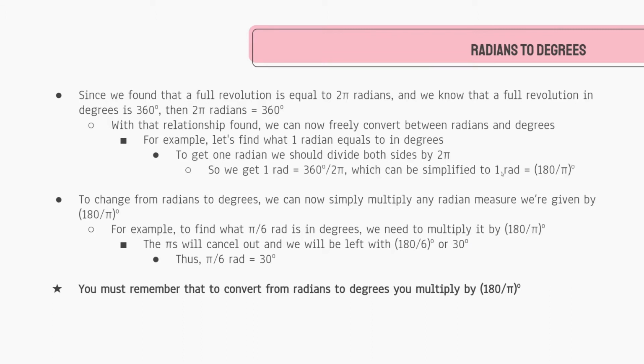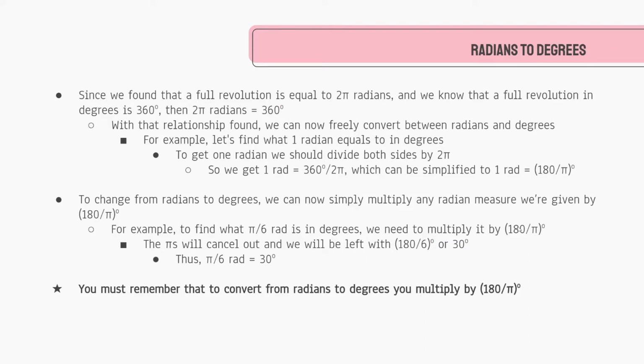So for example, if we want to convert what pi over 6 rad is, then we simply have to multiply it by this value. So first we have pi times 180 divided by 6 times pi. Both the pi's just cancel out because we have a pi in the numerator and the denominator, which makes sense because we can't have pi's in degrees.